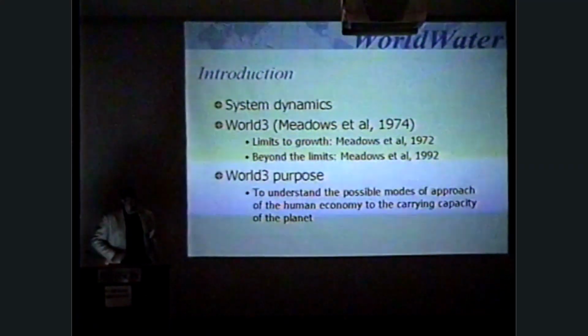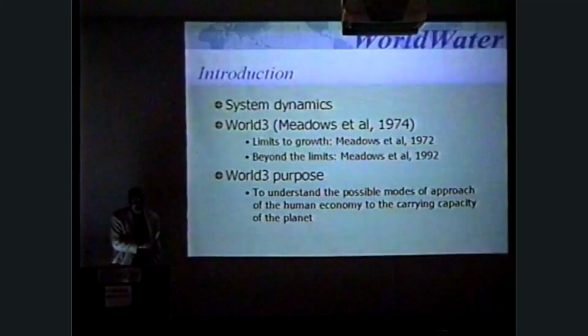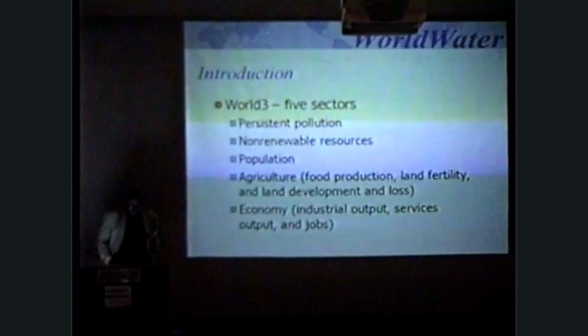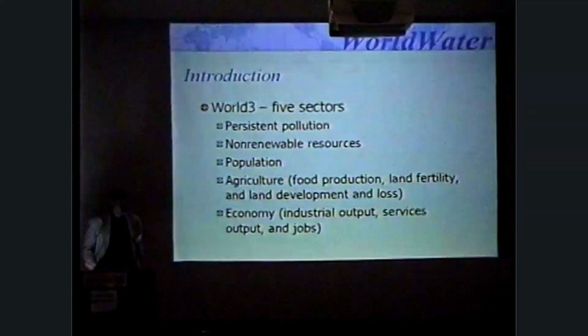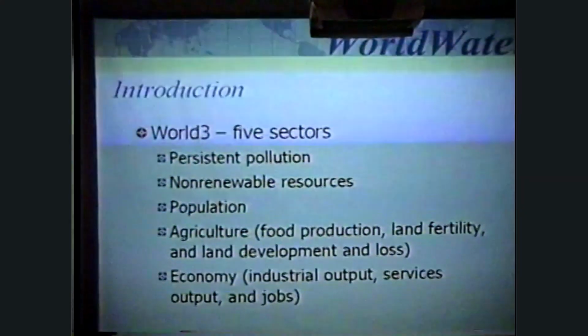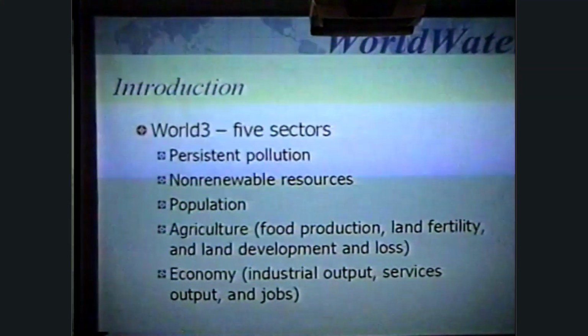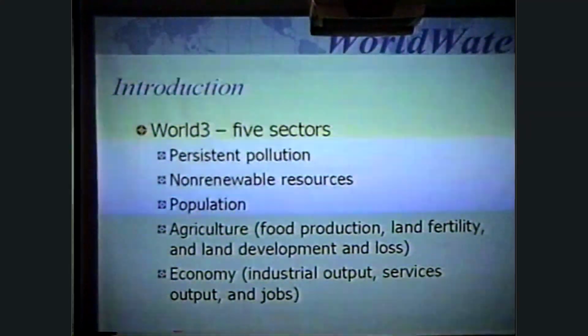What I was motivated by was a relatively simple fact that this complex process and the development of the model covered these five sectors and didn't explicitly touch an issue that I'm very sensitive to, the issue of water.